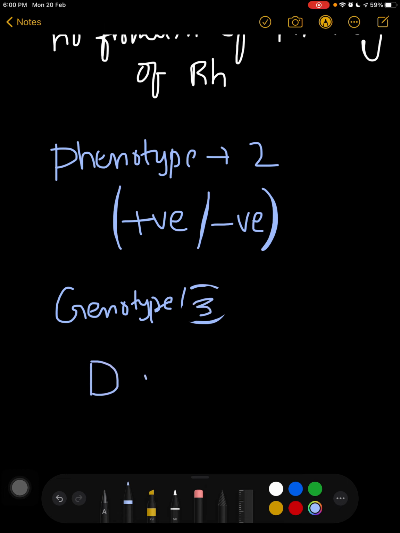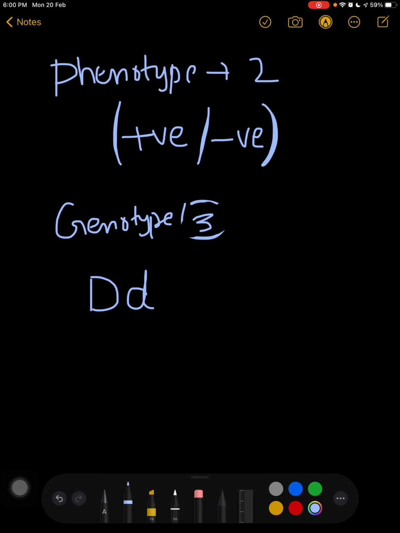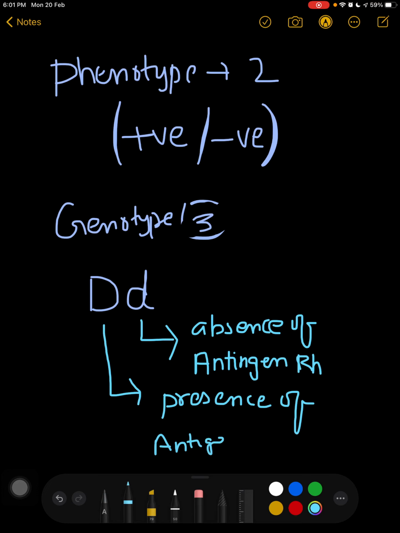For example, where we have DD, basically this shows the Rh factor. This D is basically, this shows the absence of Rh antigen, and this shows the presence of Rh antigen, right?